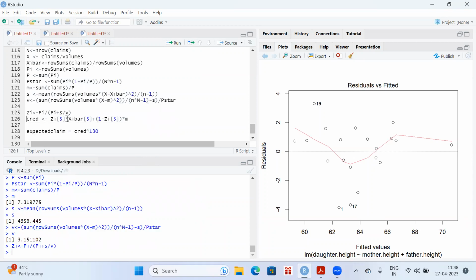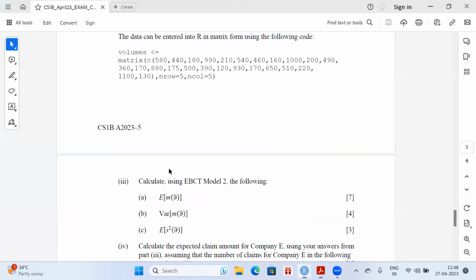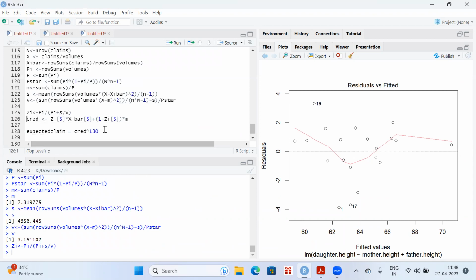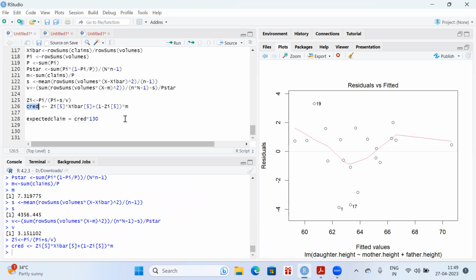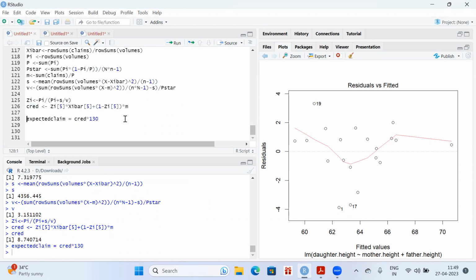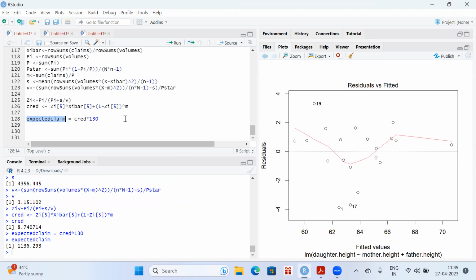Credibility is Z i 5 times X i bar 5 plus 1 minus Z i 5 times m, because again we have been told that for company E you need to calculate, and the following year the company volume remains 130. So this gives me a credibility factor of 0.874, and the expected claim is the credibility premium times the 130, which gives an answer of 1136.293.